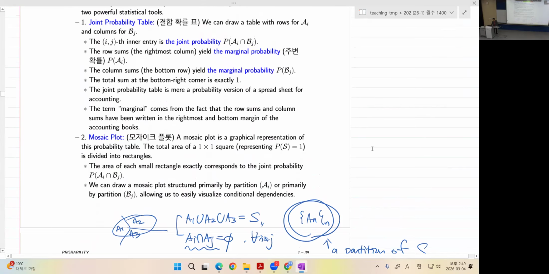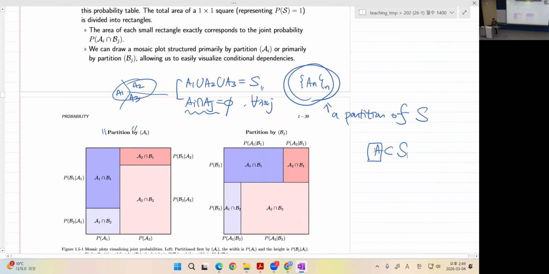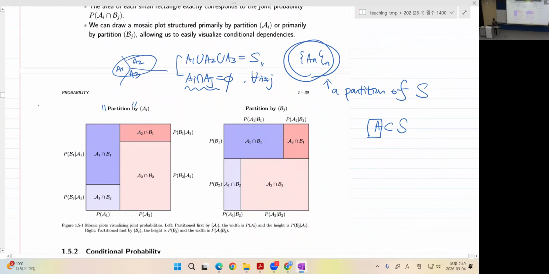Now, let's consider 2 partitions of the sample space given a random experiment. One is, in this case, A1, A2. So you have 2 events, A1, A2, and also B1, B2. Of course, A1 intersection A2 is the empty set, and A1 union A2 equals the sample space. And here B1, B2 are mutually exclusive, and they make up the sample space.